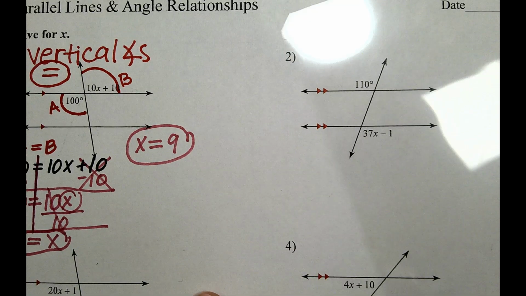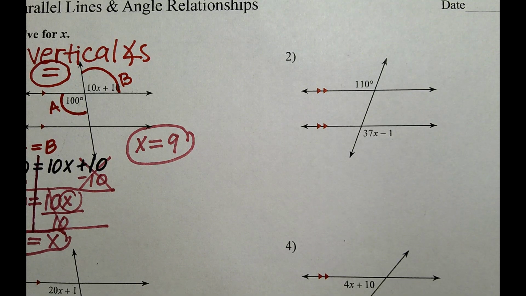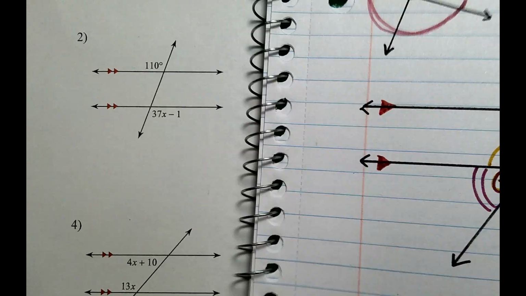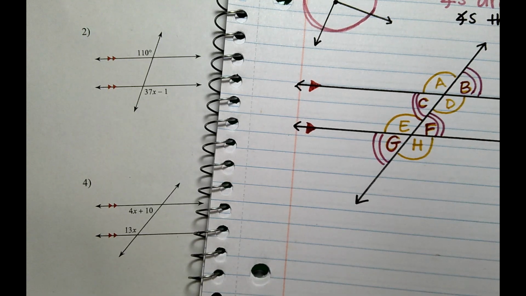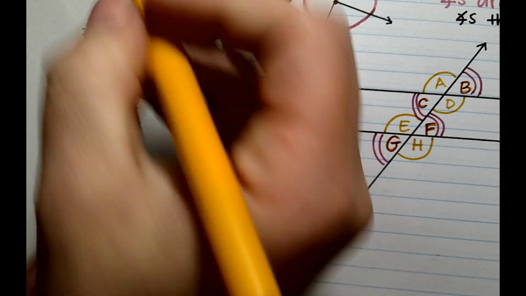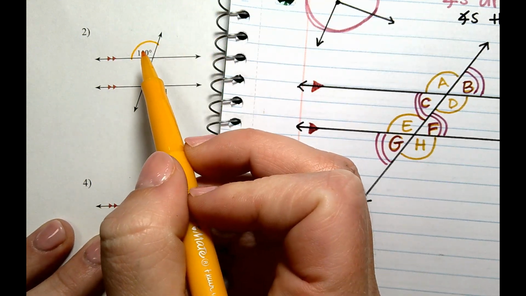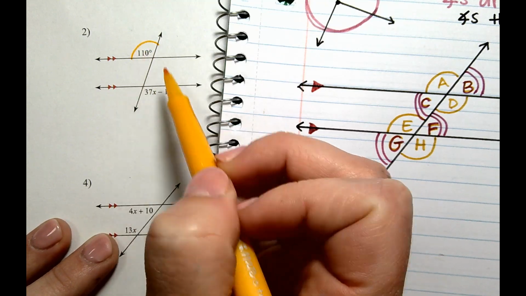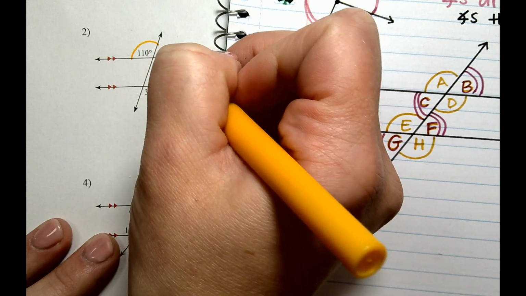If you also don't feel like using this little clear piece of paper, another thing you can do is look back at your notes and think about how these are laid out. If I start with one angle, start with 110, I can think to myself, well, what's equal to 110? I know the angle right across from it is equal, just like in my picture, A and D. So this is equal to that.